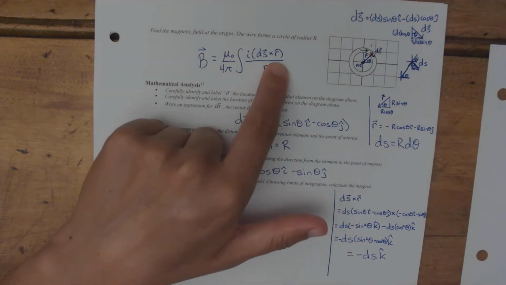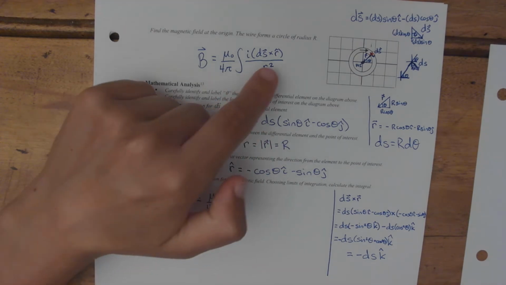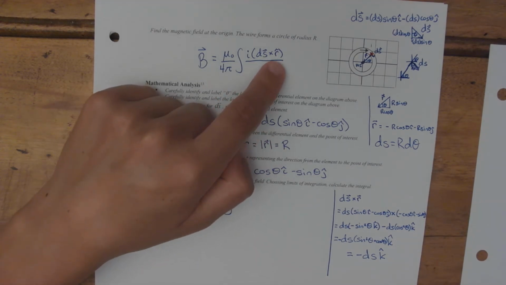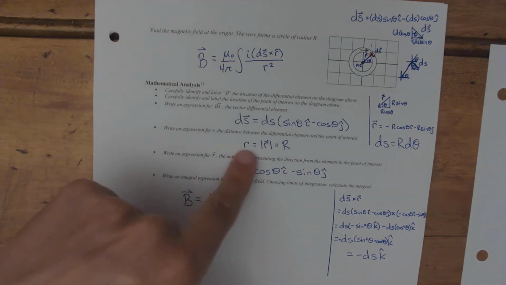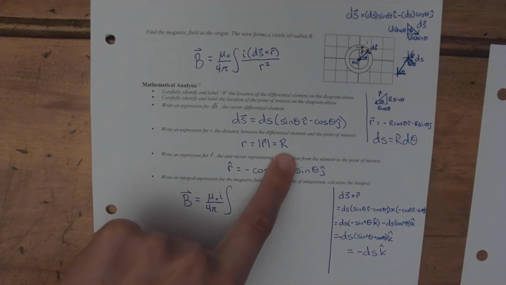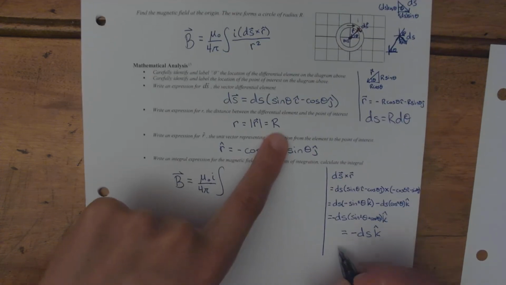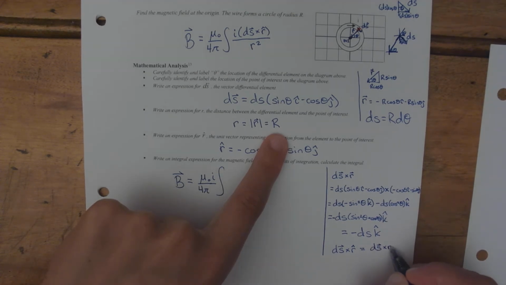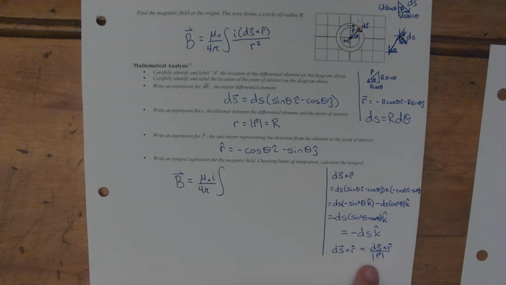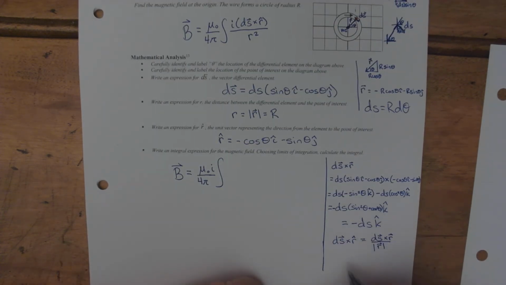So for ds crossed with r hat, we still have to stick the magnitude of the vector r into the denominator. But the magnitude of the vector r is just r. So we could say this over here also. ds crossed with r hat is equal to, like we said in the previous problem, ds crossed with r divided by the magnitude of the vector r, since r hat is the vector r divided by the magnitude of the vector r.